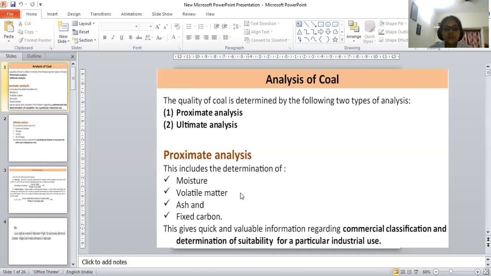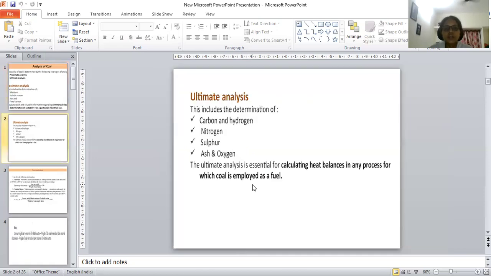A second type of analysis is ultimate analysis, which includes the determination of carbon, hydrogen, nitrogen, sulfur, ash, and oxygen.